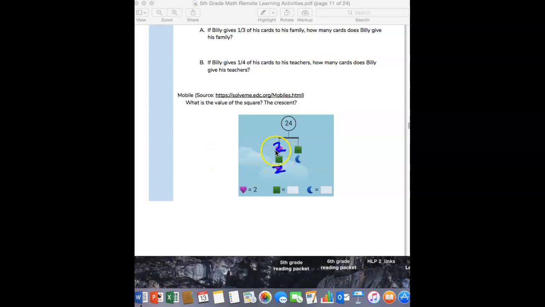You can look at your sheet if you need to. 4 times what is 24? Hold on a minute. Let me back up here a little bit and let's look at this again. This is 2. We know the hearts are 2. So altogether this has to be 24.